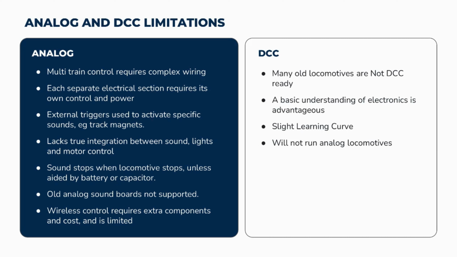Oftentimes with LGB, the motor blocks have been updated over the years. So you can just replace the entire motor block with a newer motor block, or at least the plastics for it. So that's the main thing of what not DCC ready is. DCC ready just means that it's ready for taking a decoder and being digitized.